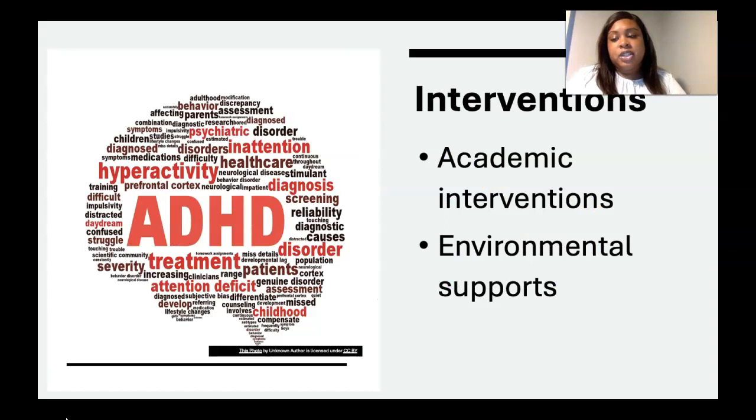Continuing with our interventions, we're going to discuss some academic interventions. Most students with ADHD do struggle with academic achievement. So whenever conducting your lessons, it's important to make sure that you only emphasize essential information. Don't give the students unnecessary things that are not important to their learning.